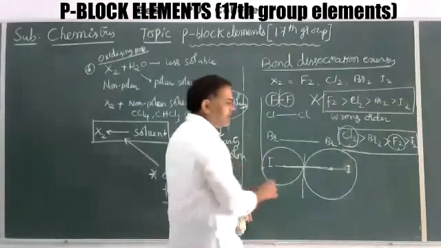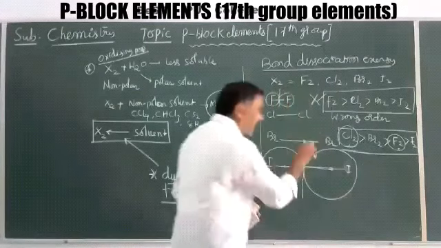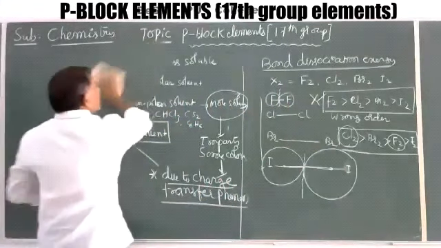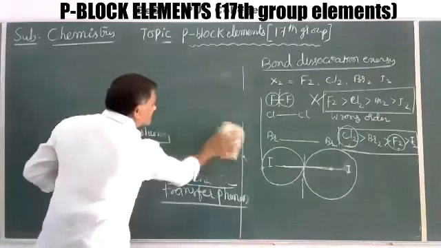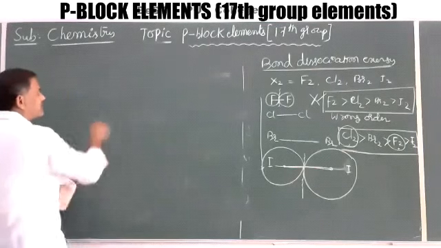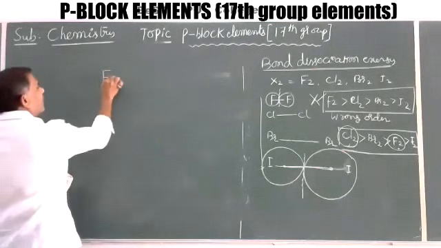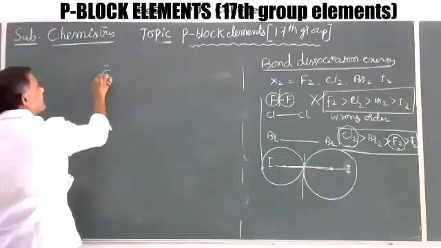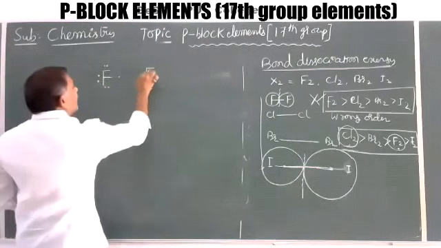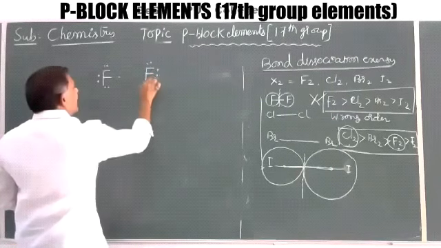I'll explain the reason here. In the case of fluorine, even though it is small in size, there is less attraction, because fluorine contains 7 valence electrons, and the other fluorine also contains 7 valence electrons.